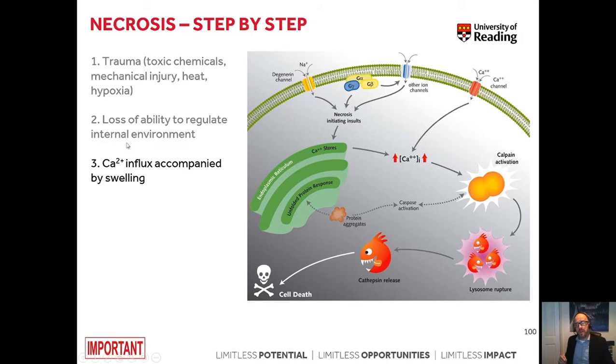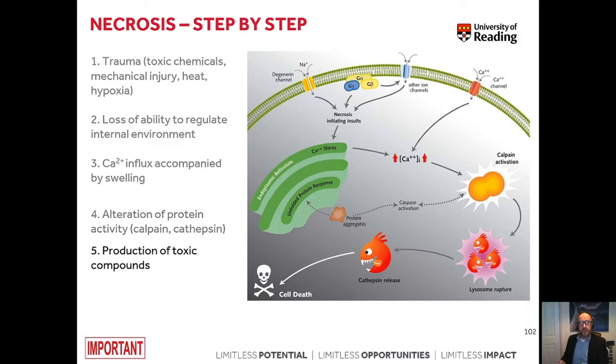And what you also should keep in mind is that necrosis is always accompanied by influx of calcium. This uncontrolled calcium influx leads to alteration of protein activity, and here especially calpain and cathepsin are important because they are getting activated by extremely high calcium levels. Once calcium enters the cell, this leads to release of additional calcium from the endoplasmic reticulum, resulting in extremely high calcium levels.